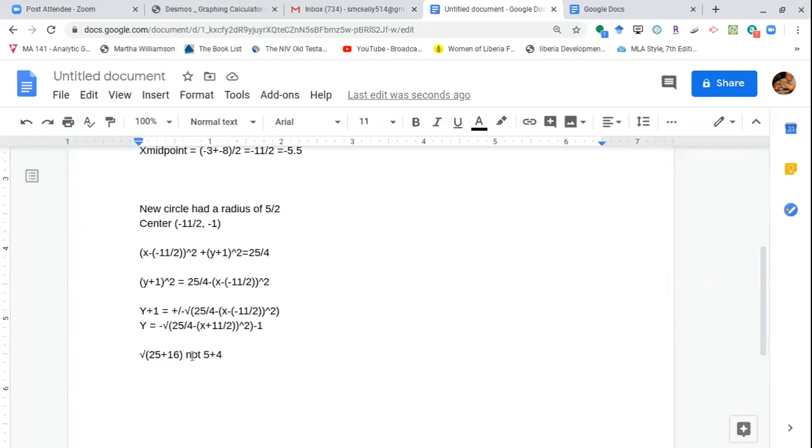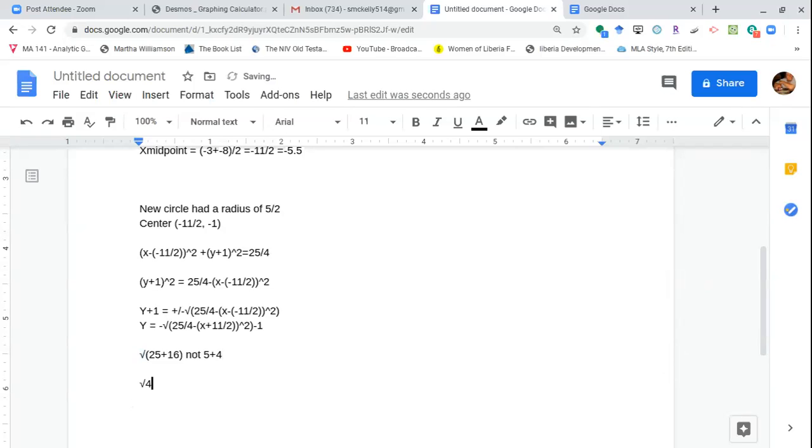This would be 25 plus 16, so this would be the square root of 41.